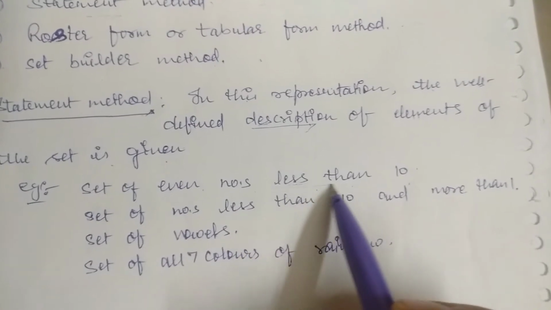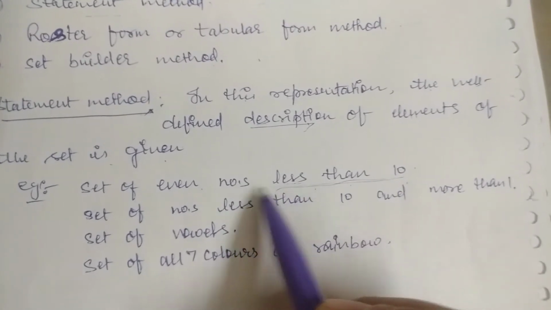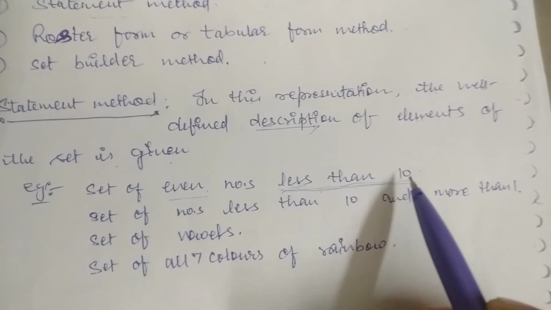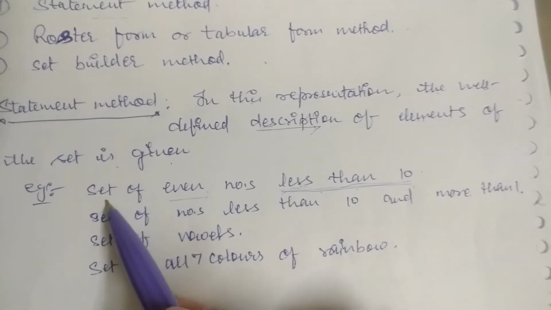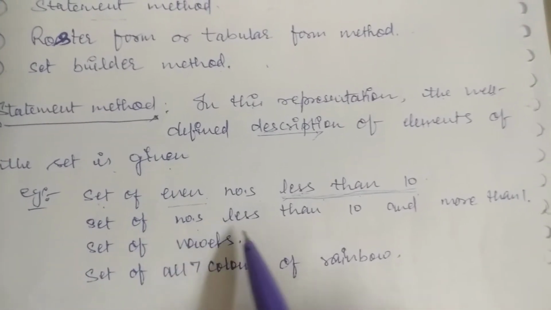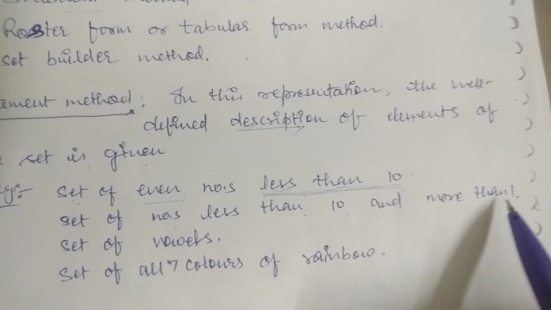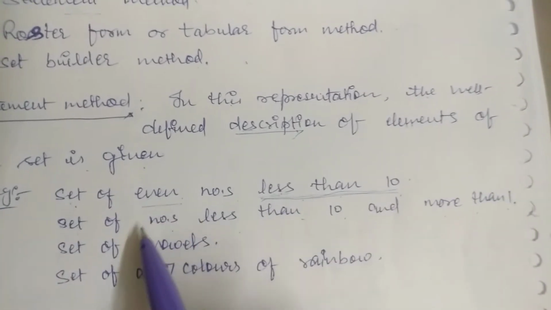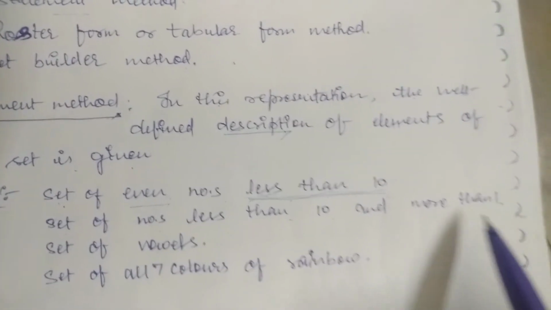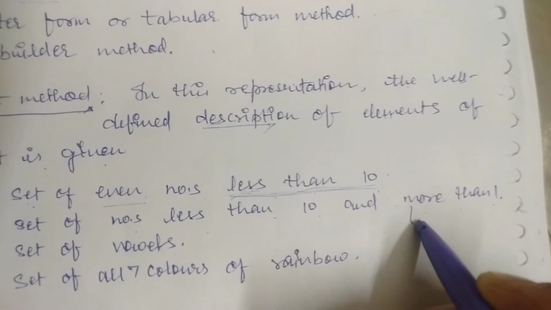So this is the property or the description of the element: the even number that is less than 10 belongs to the set. Another example is the set of numbers less than 10 and more than 1. Means the property of the number is that it is more than 1, or you can say greater than 1.